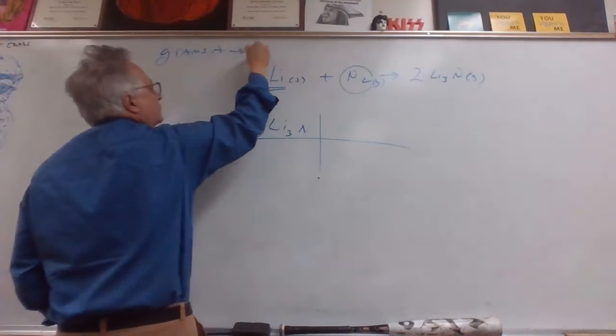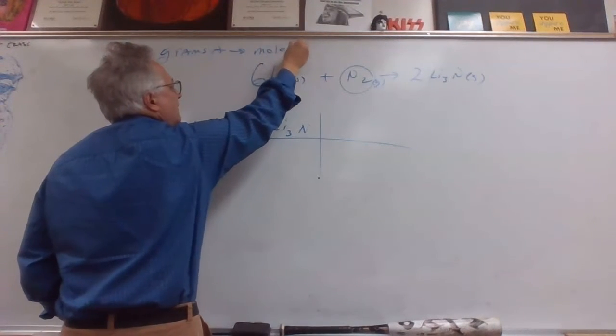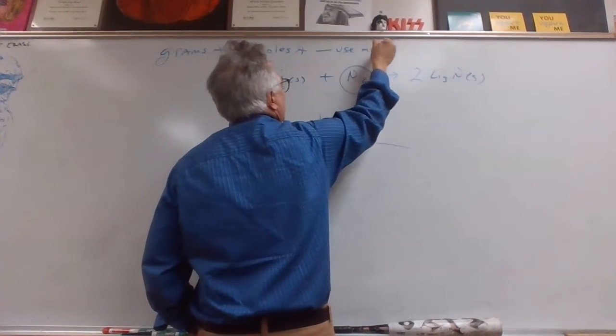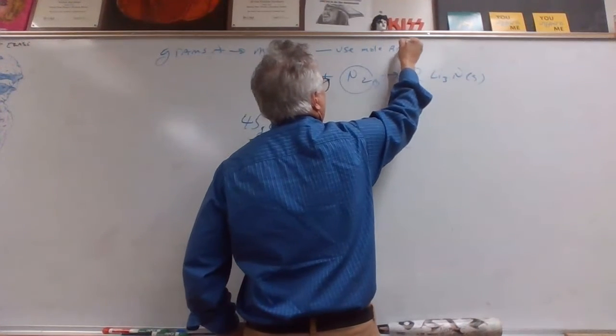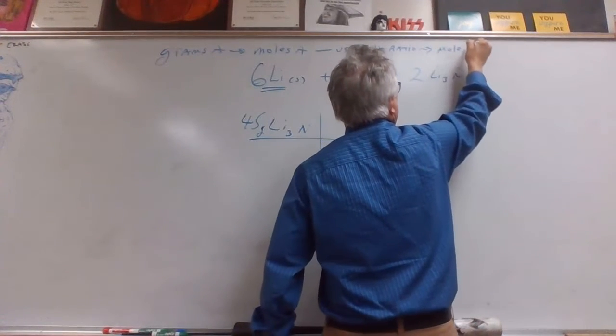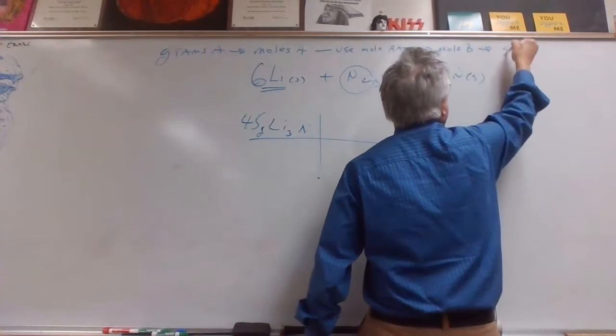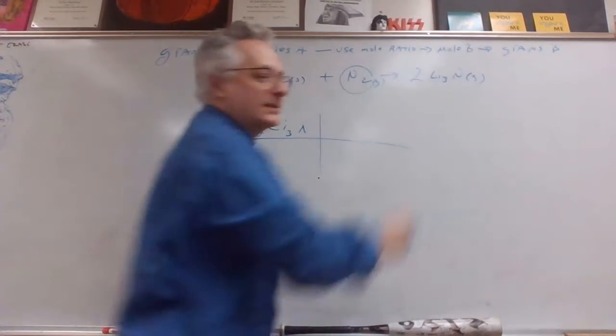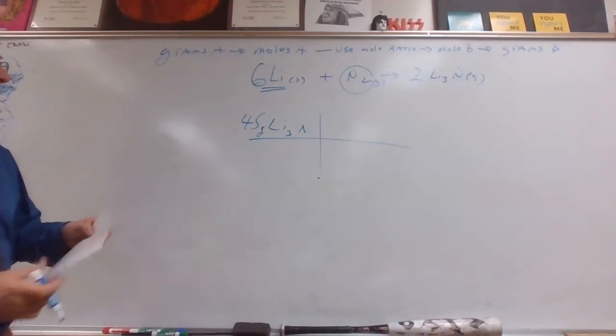Grams of A convert to moles of A, and then use mole ratio. That'll give you moles of the other thing, and then back to grams of whatever. So that's going to be our pattern time and time again.